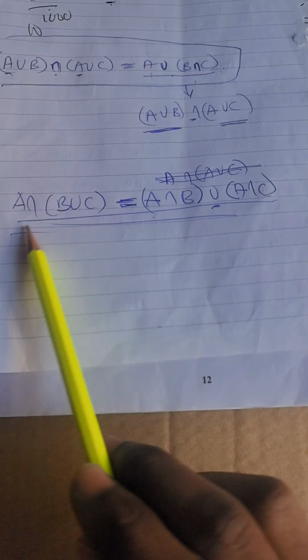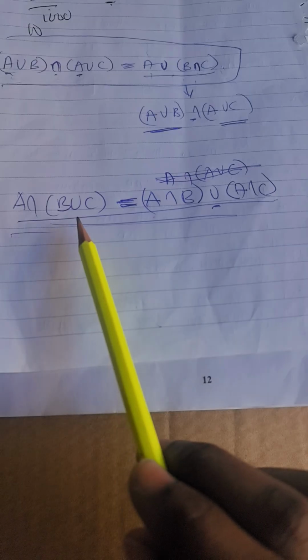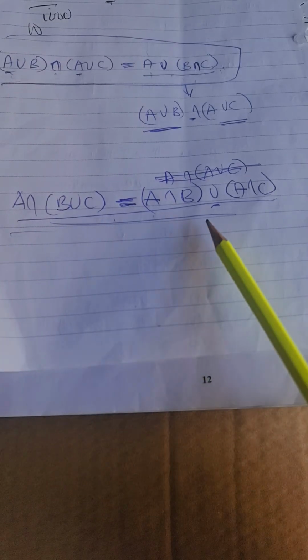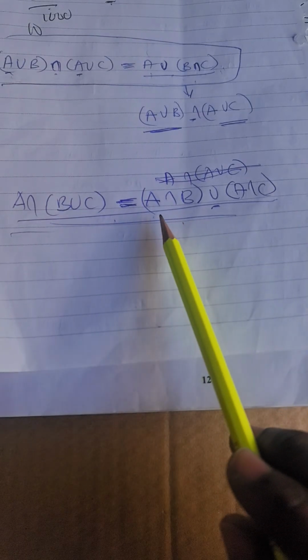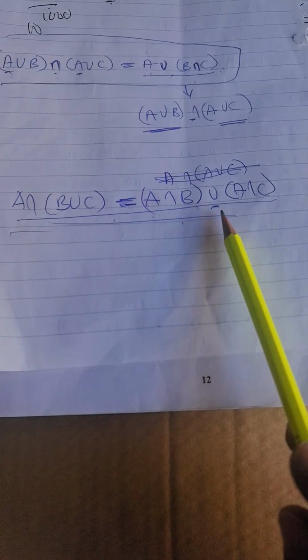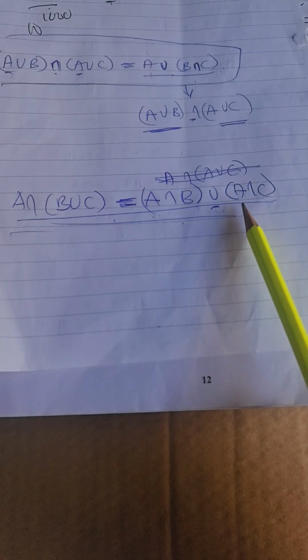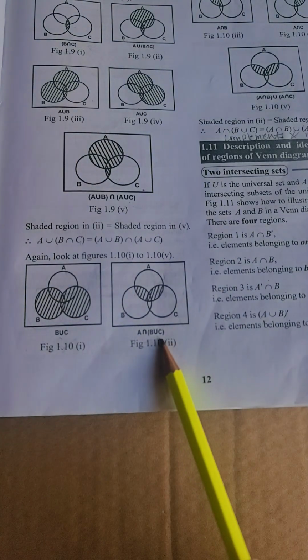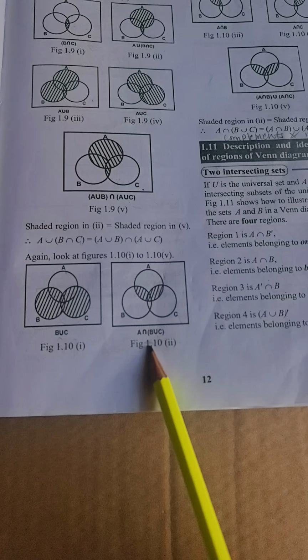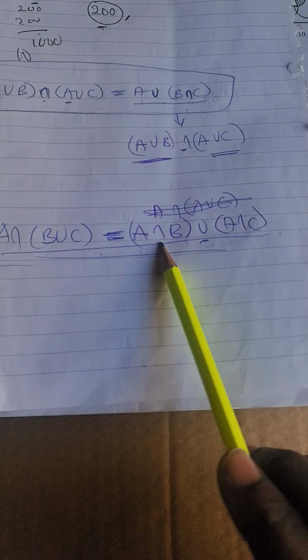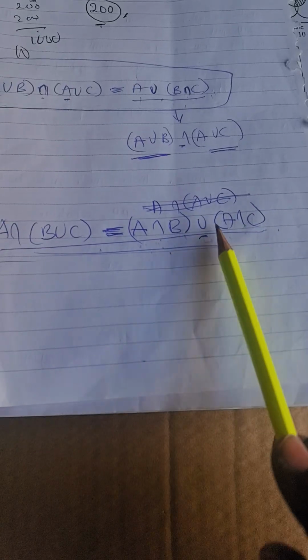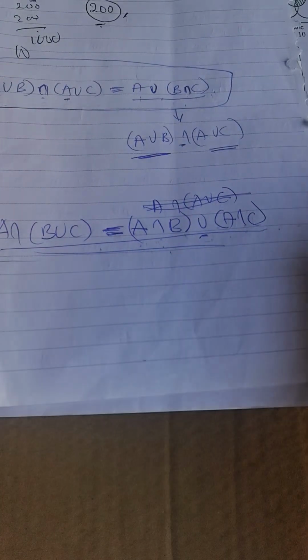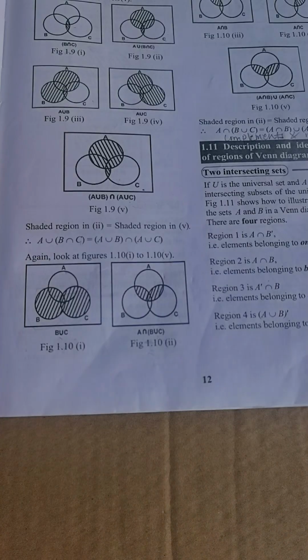So this is what we are given: A intersection (B union C). Now let's re-express this again. If you express it again, we have (A intersection B) union (A intersection C). Check this, the formula. This is the formula here, right? So expressing them once again, you have separate brackets. Then you start dealing with the bracket first. After bracket, then you add all of them. So that is it.